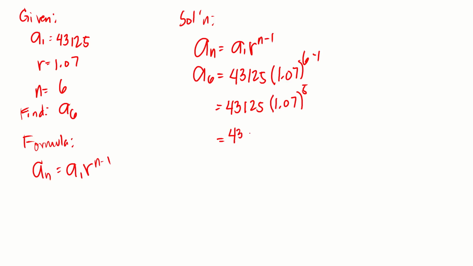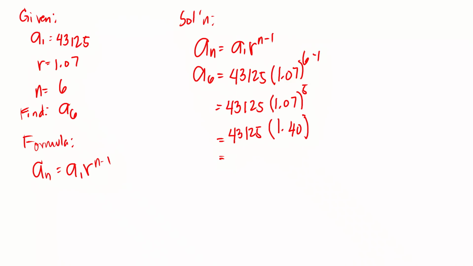So, 43,125 times 1.07 raised to 5. Ang magiging answer po natin ay masyadong mahaba kasi nga may decimal to. So, pwedeng ilagay nyo na dyan na 1.40 na lang. Pero, kapag minultiply nyo siya sa 43,125 ay dire-diretso na po, ha?